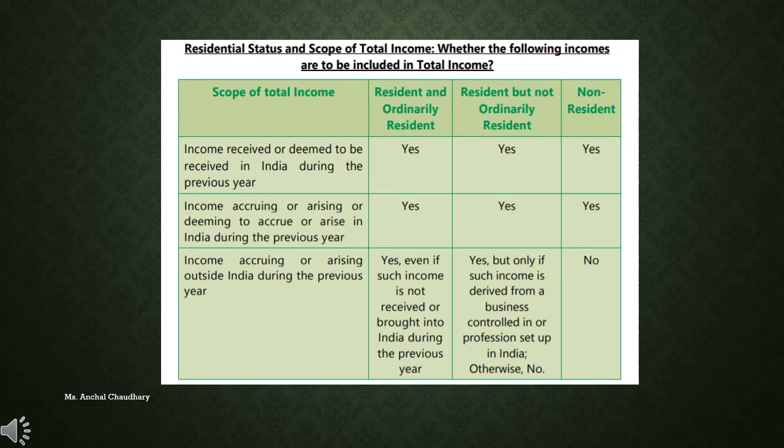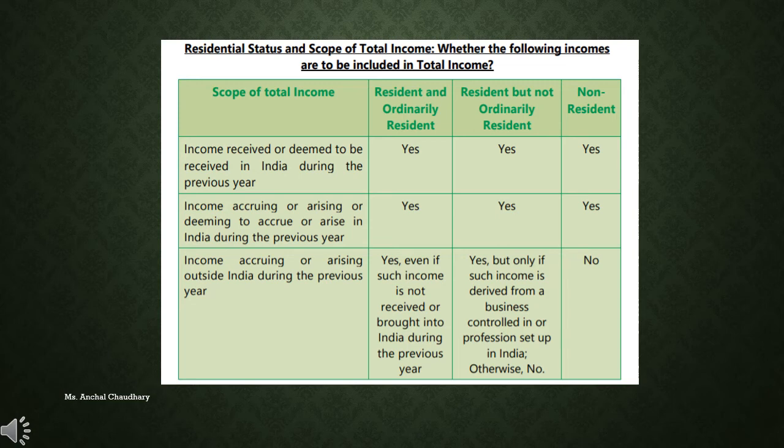And the last situation is income accruing or arising outside India. Whenever the income is accruing and arising outside India, in that case resident and ordinary resident has to pay the tax on that income even if such income is not received or brought into India. Then also that tax will be levied on that income.